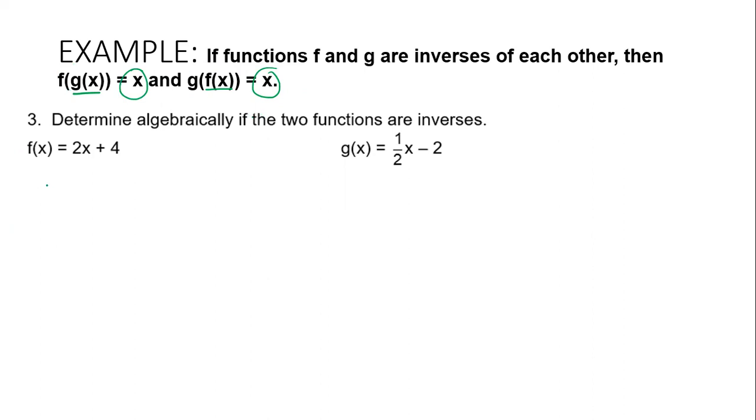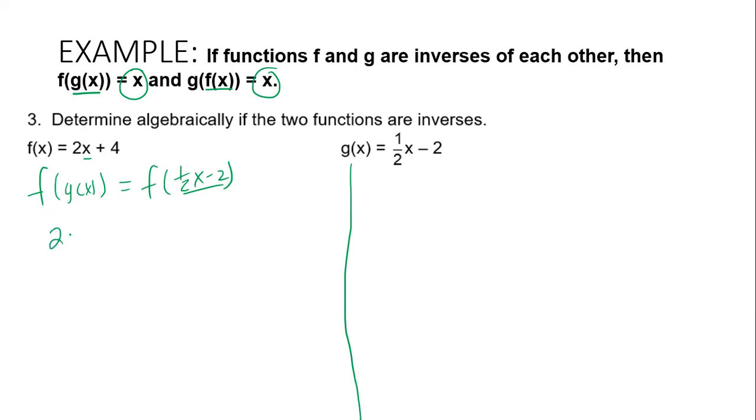The first one we're going to do is f composed of g of x, which means f composed of 1/2 x minus 2. Compositions are fun. Wherever x is now becomes 1/2 x minus 2. So we have 2 times 1/2 x minus 2 plus 4.